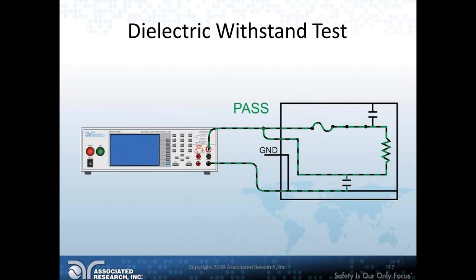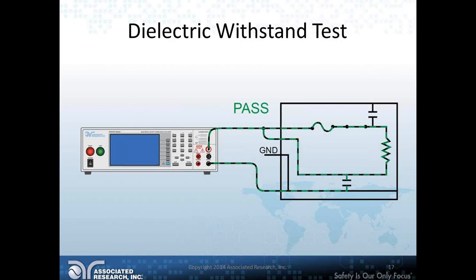Shortly we'll show you a quick video of how a ground bond test and a dielectric voltage withstand test are performed. But here is a quick look at what happens on the device being tested when a dielectric voltage withstand test is performed.